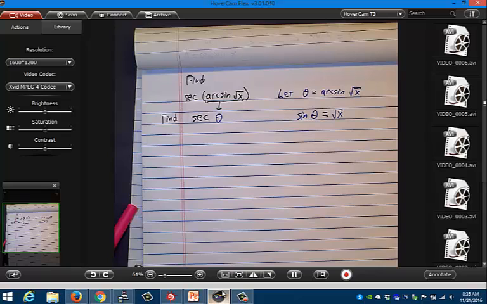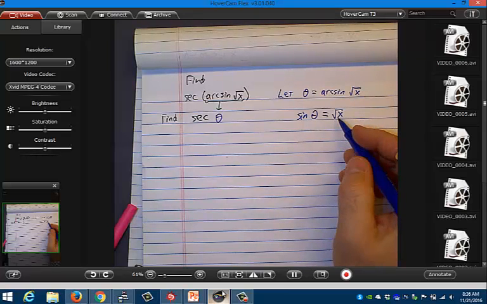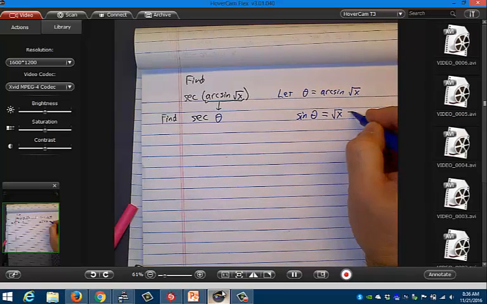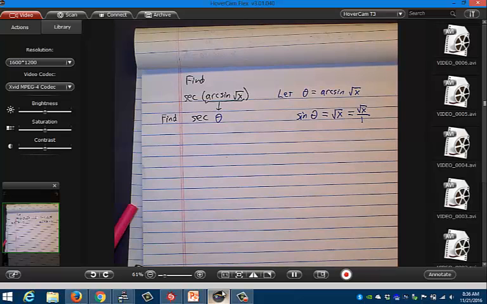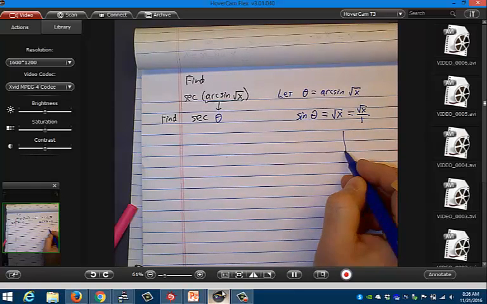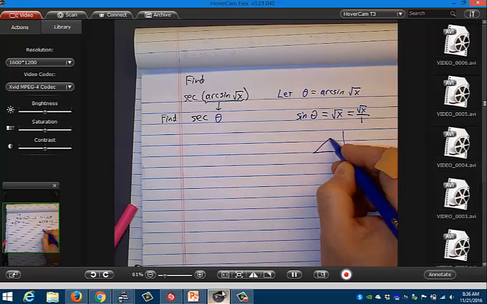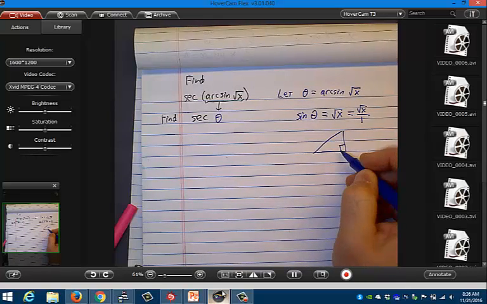And you might say, well, how did that help me, Paul? But what I'm going to tell you is, if you write this part as a fraction, you'll be happier. And how do I write square root of x as a fraction? Well, I can always do this, right? You can put it over 1. So the sine of theta is equal to the square root of x over 1. And now I'm going to go back to my trig class where I used to draw right triangles. And I'm going to put my theta, my angle, right here.